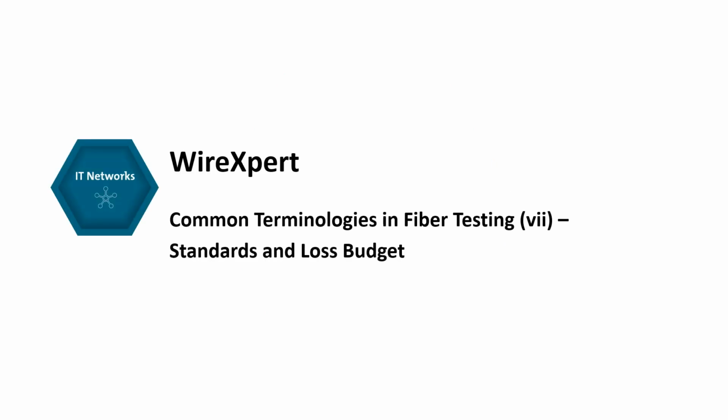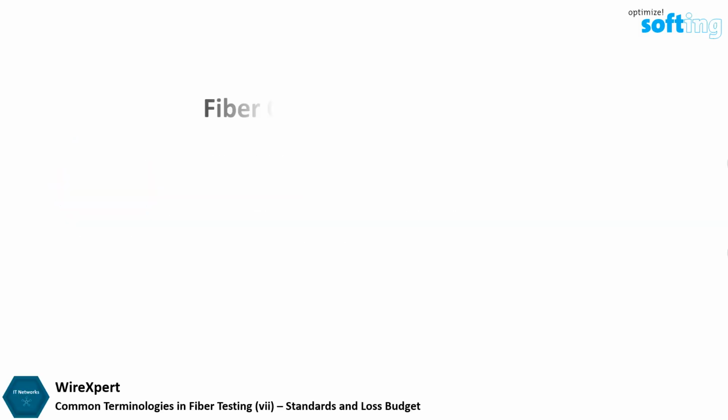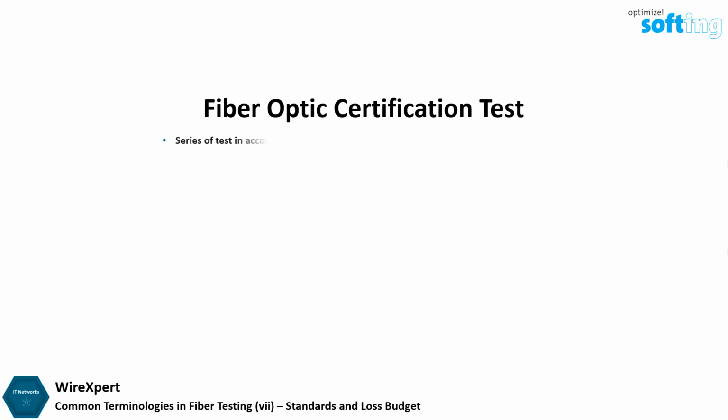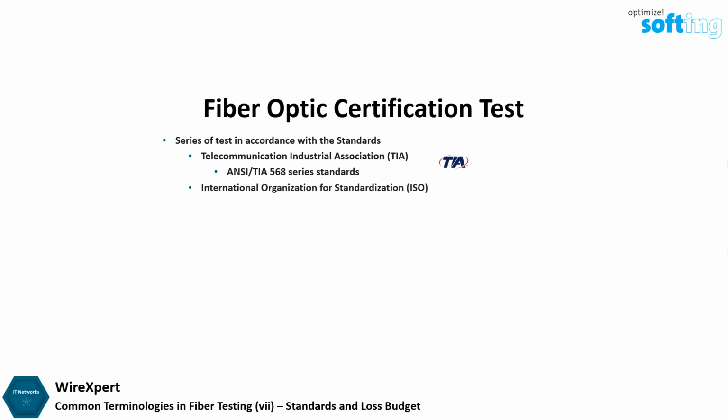In this video, we are going to explain the different standards and calculation of loss budgets when performing a fiber optic certification test. Cable certification test is achieved through a series of tests in accordance with the standards. There are many standards in the industry, and the two main standardization bodies are the Telecommunication Industrial Association, or TIA, with the ANSI TIA 568 series standards, and the International Organization for Standardization, or ISO, with the ISO IEC 11801 and 14763 series standards.